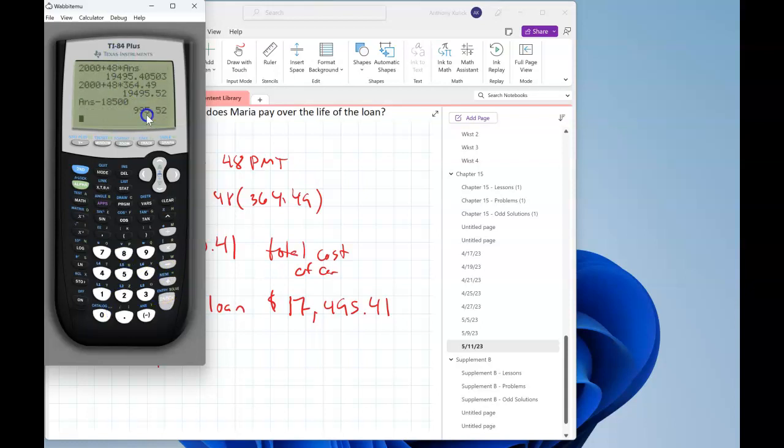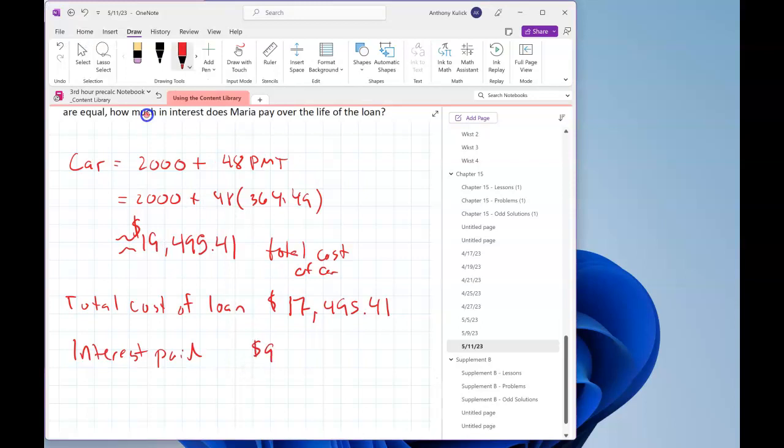So $995.52. Everybody's okay with that? And that kind of concludes chapter 15. I thought there was another thing to do here, but that's it apparently, which is not bad, right?